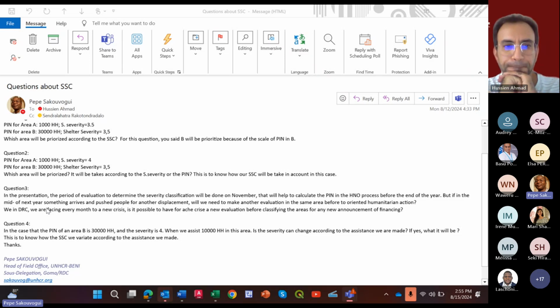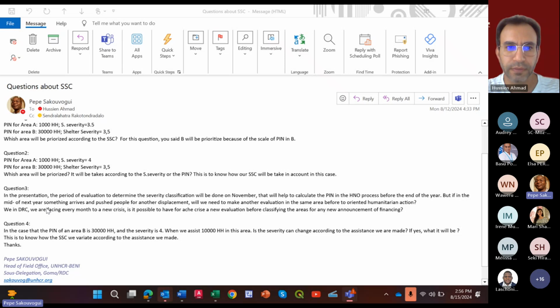Because the second question is, sometimes we can be here after some crisis. They ask us as the shelter cluster to prioritize the areas because of financing that is close, within 2 weeks. They give us 2 weeks to provide the area classification to prioritize the financing.